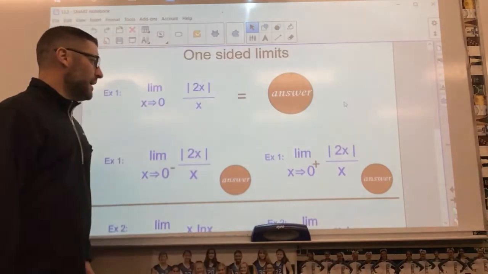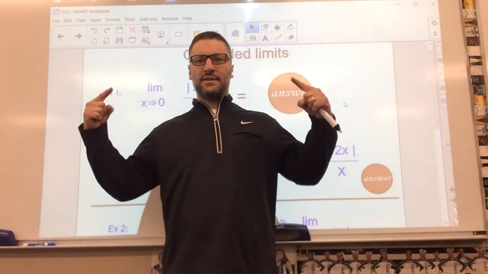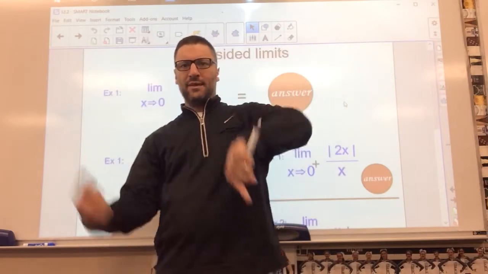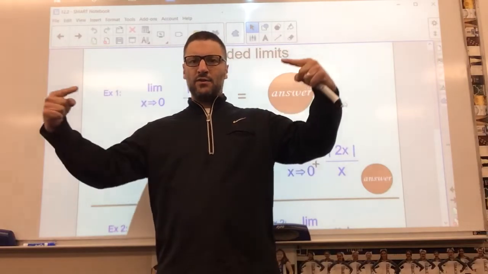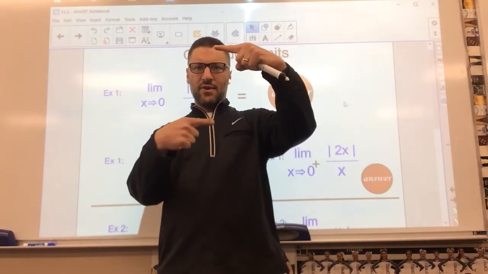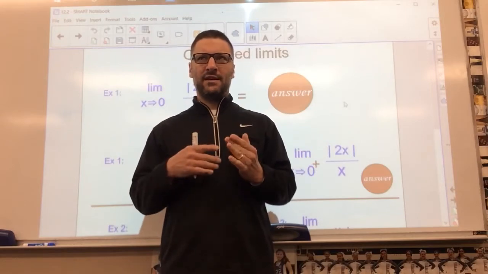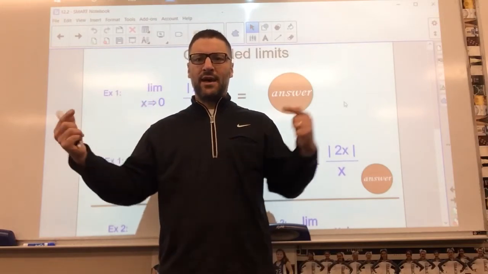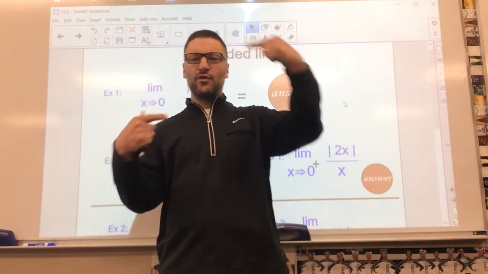All right, so up to this point, we've learned that if we're going to have a limit exist at a point, the two sides have to come together. And when they don't, there isn't actually a limit. Well, there's another idea here: they don't have a limit at the point, but what's really going on on the two branches?